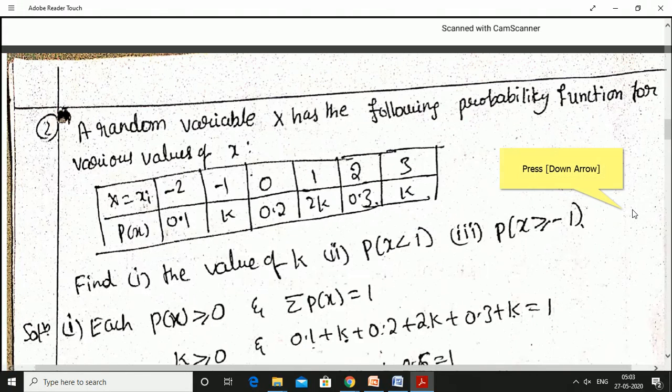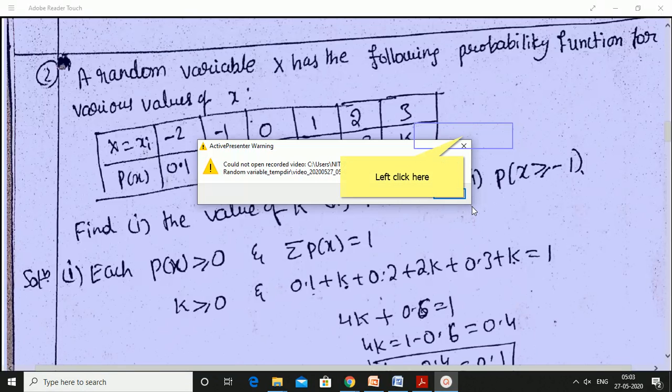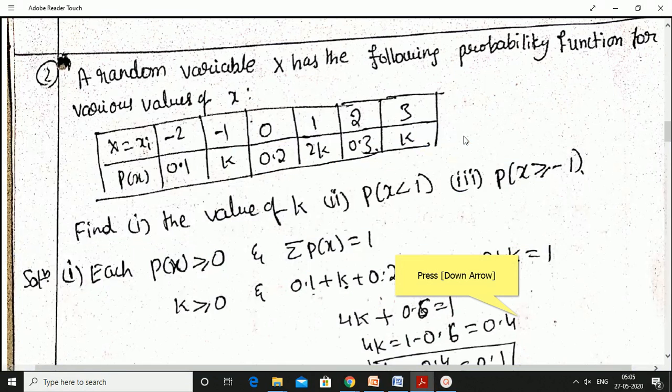They are asking one problem on the discrete random variable. A random variable x has the following probability function for various values of x. X is minus 2, minus 1, 0, 1, 2, 3 with the probability function 0.1, k, 0.2, 2k, 0.3, k. Find the value of k.